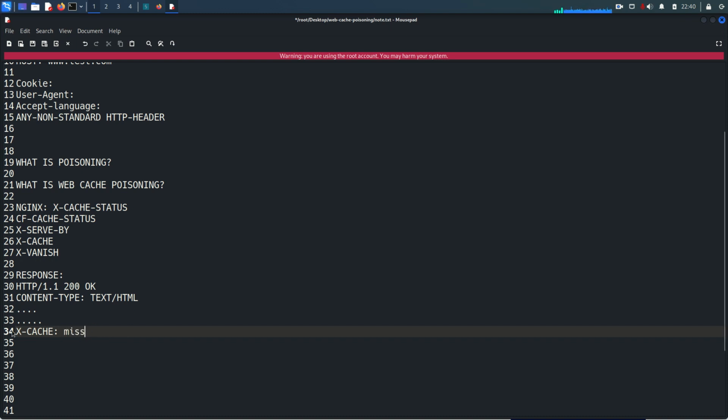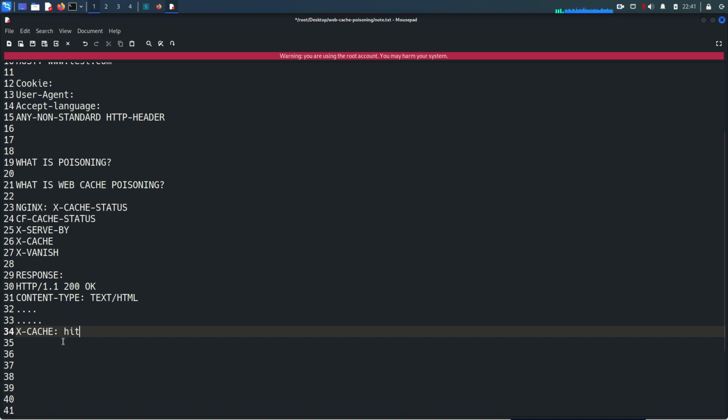If you see the X-Cache header, you understand, okay, a cache is used between me and the web server. But if you find miss, that means the response is not coming from the cache. And if you find hit here, that means the response is coming from the cache.